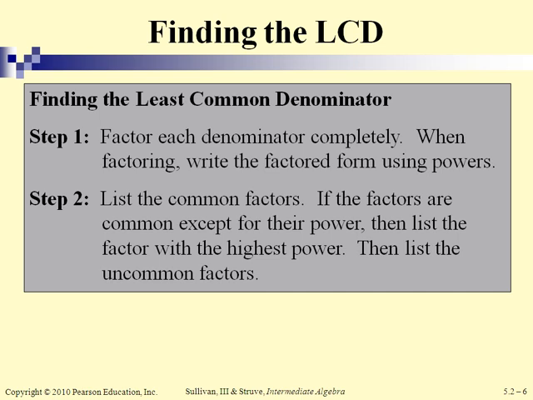Factor 24. What is 24? It's 4 times 6, or 3 times 8, right? So it's 2 cubed times 3. Am I correct? What about 18? It's 2 times 9. So it's 2 times 3 squared. Is that right?